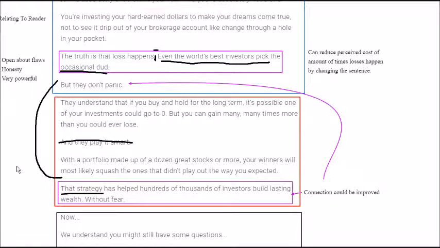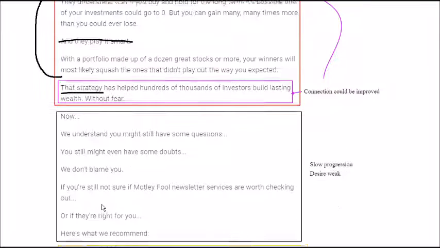You know? So, okay. By saying they just don't panic because they have a strategy, then they get into what the strategy is, and then they say that strategy has helped hundreds of thousands of investors build lasting wealth without fear.